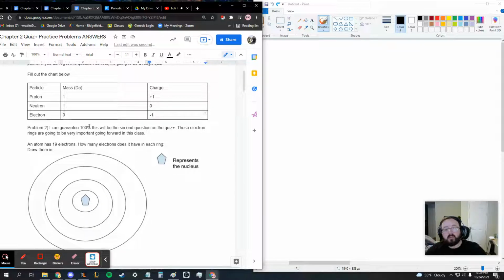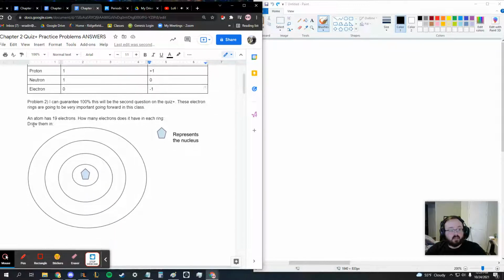Question 2. I can guarantee you, 100%, this is going to be the same exact question on the Quiz Plus. These electron rings, how many electrons are in each of these rings is super, super important, especially the outermost ring. We have to figure out how many electrons are there.